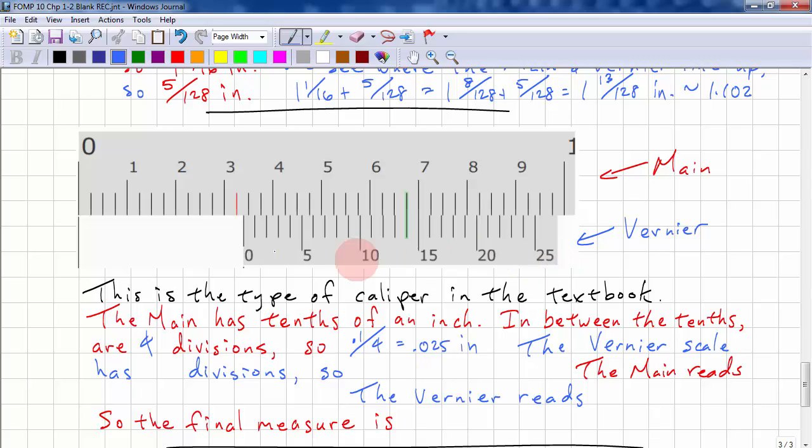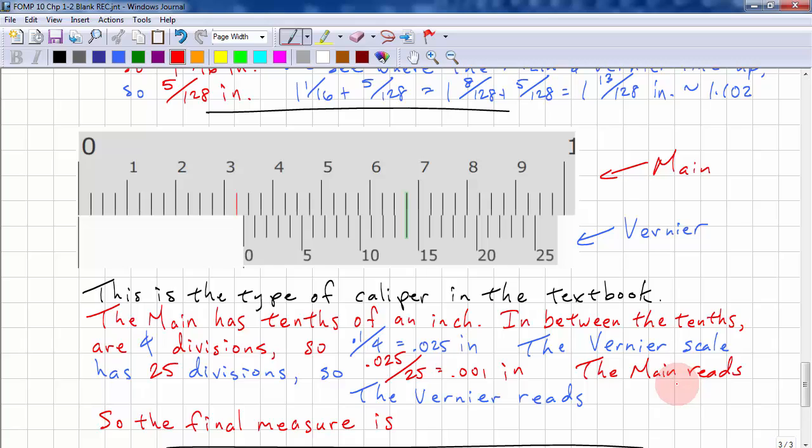Now the Vernier scale has 25 divisions. We're taking 0.025 and dividing by 25. This means we're measuring by 0.001 of an inch, so that's 1/1000th of an inch.